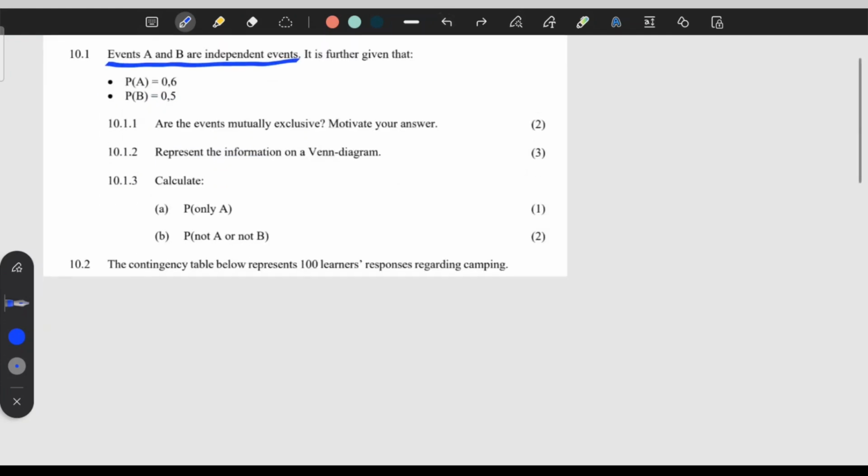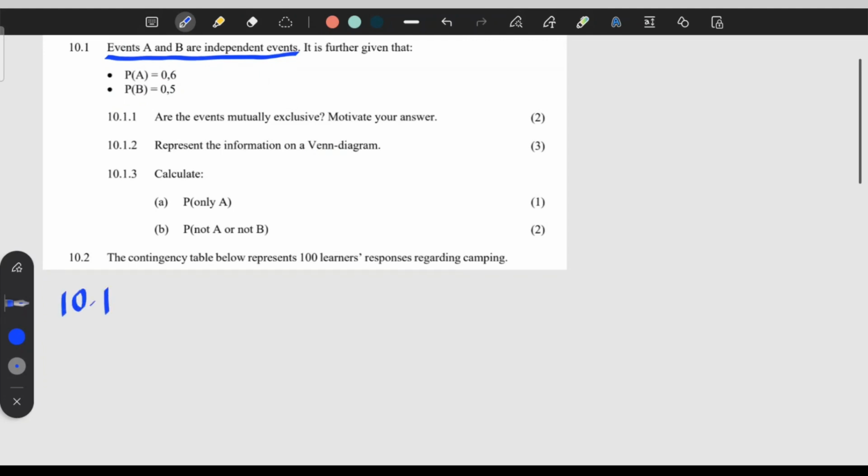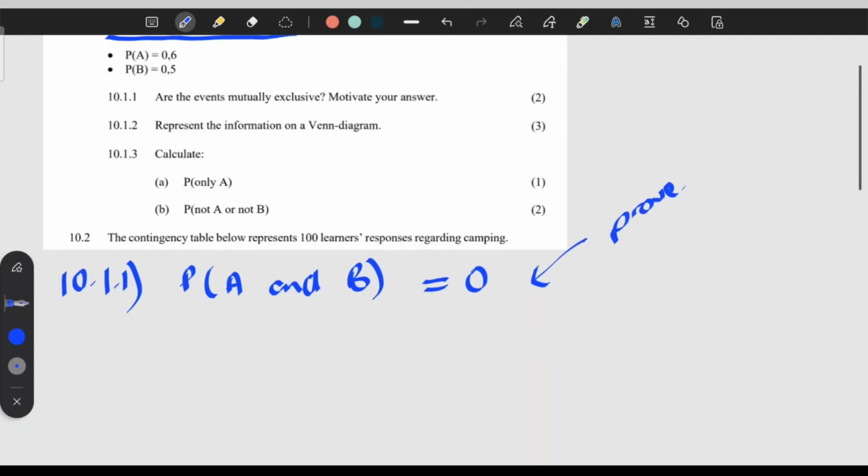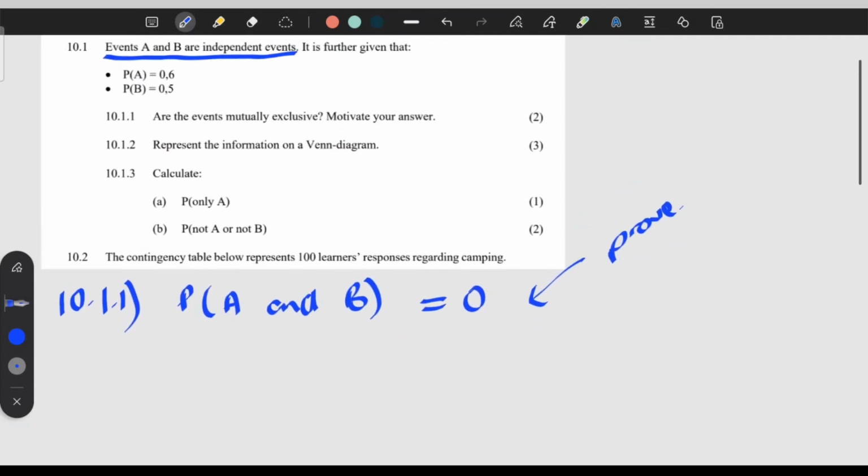So for events to be mutually exclusive, let's write this down. For events to be mutually exclusive, P of A and B must be 0. So we have to prove that this is true.